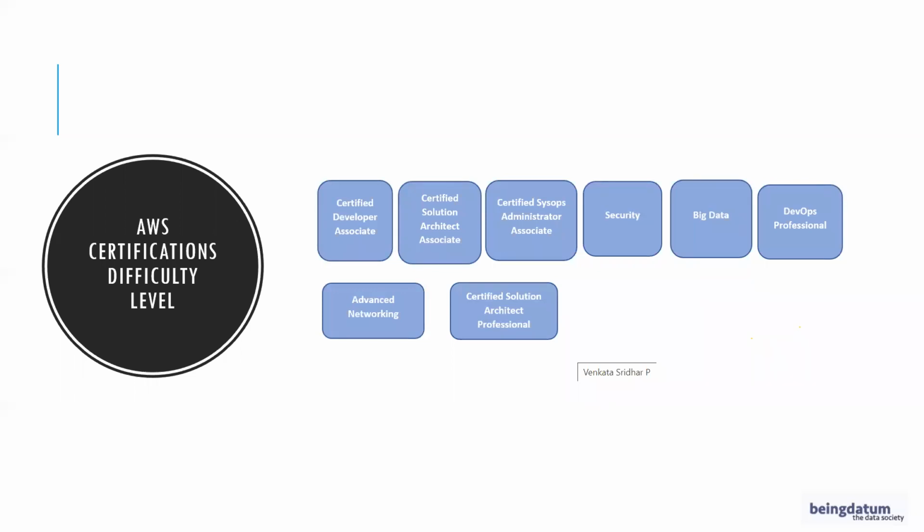There are different tracks, but the best track and the best way to go ahead with AWS would be the solution architect, as it gives you a lot of knowledge and experience, and you deep dive into the different concepts, technologies and services, which helps you grow your career ahead.